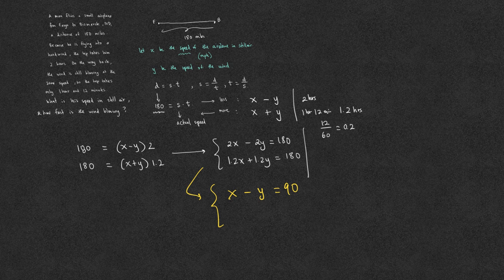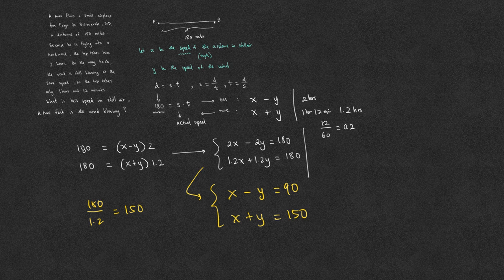We divide both sides of the second equation by 1.2 to obtain x plus y equals 150. 180 divided by 1.2 is 150. It is preferred that we simplify the system of equations before we try to solve it. It is okay to multiply or divide both sides of the equation by a non-zero number.